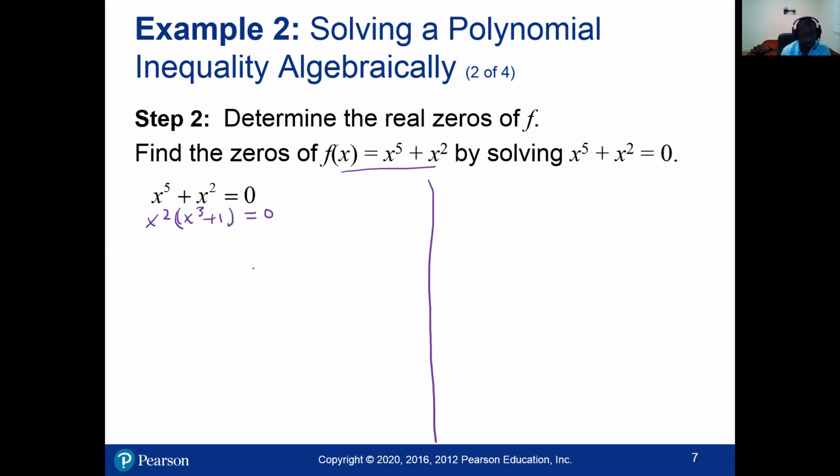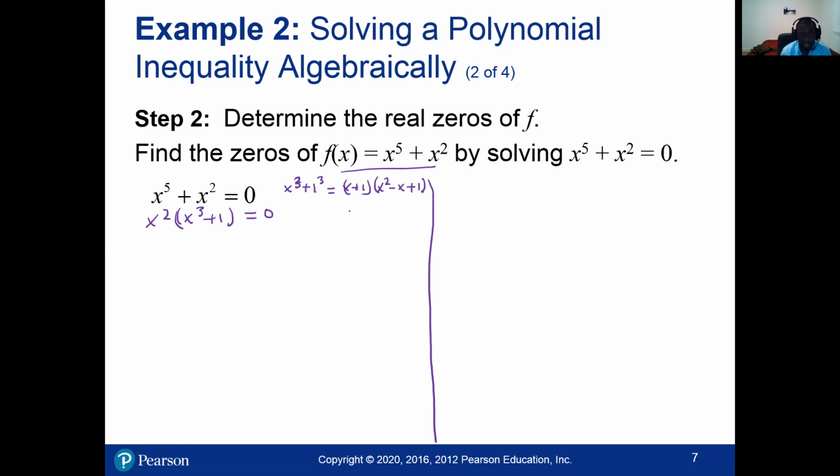Now, don't forget that if you have the sum of cubes, x cubed plus 1 cubed, that is given by x plus 1 times x squared minus x plus 1 squared.